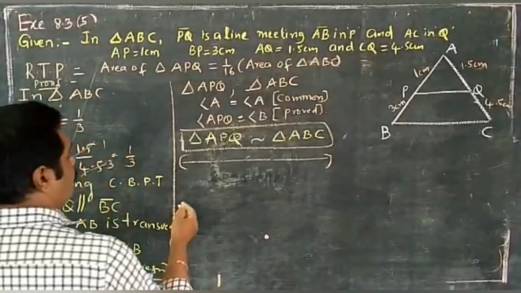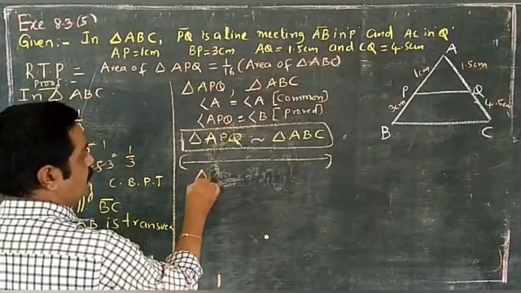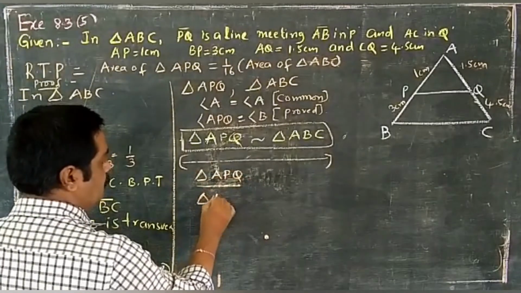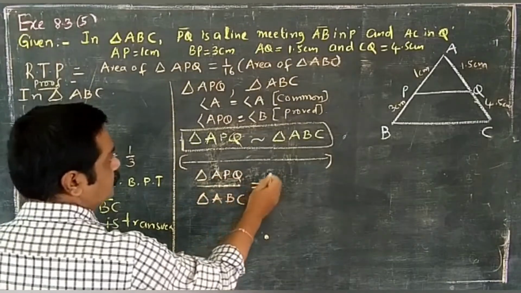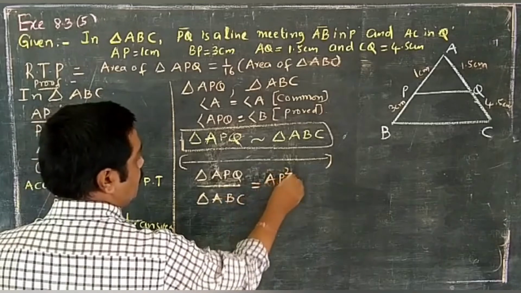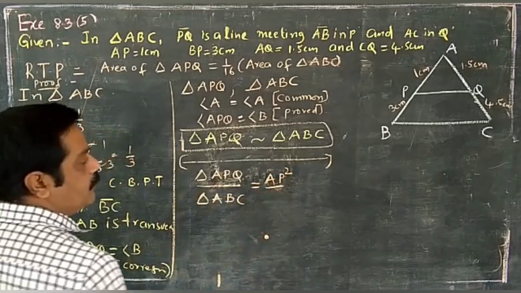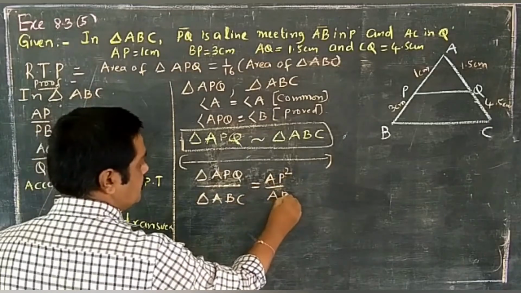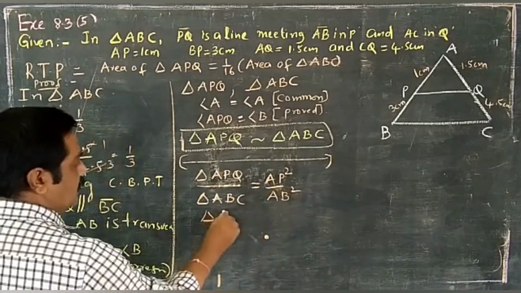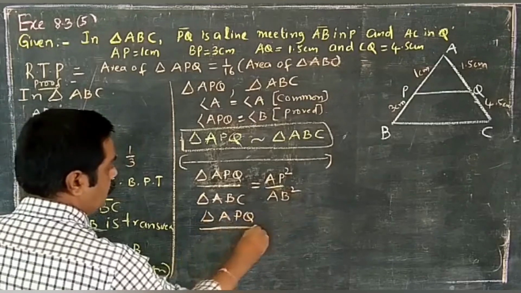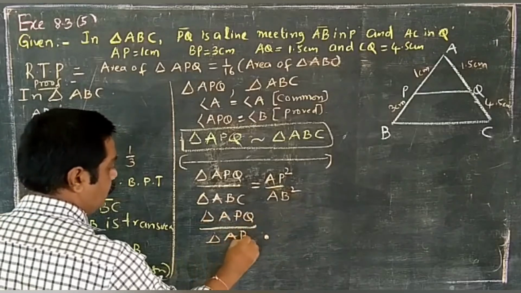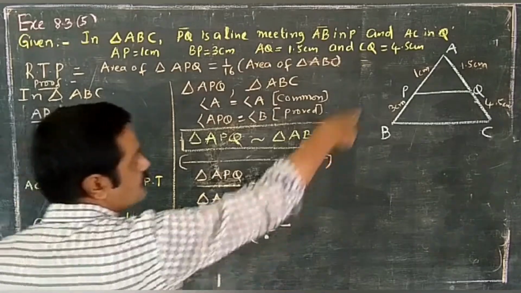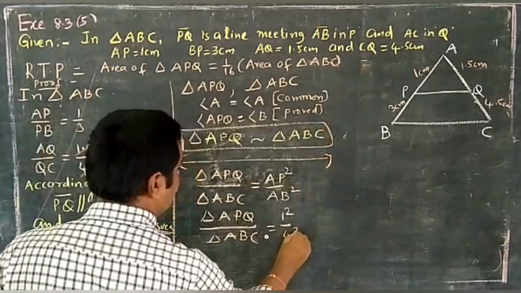So, with that, I write area of triangle APQ by area of triangle ABC is equal to AP square, a side of triangle APQ, over AB square, its corresponding side in triangle ABC. That is 1 square over 4 square, since AB is the total length.